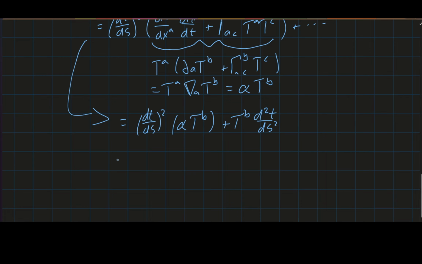So we can pull the T^B out. And we get alpha times dt by ds squared plus d squared t by ds squared.